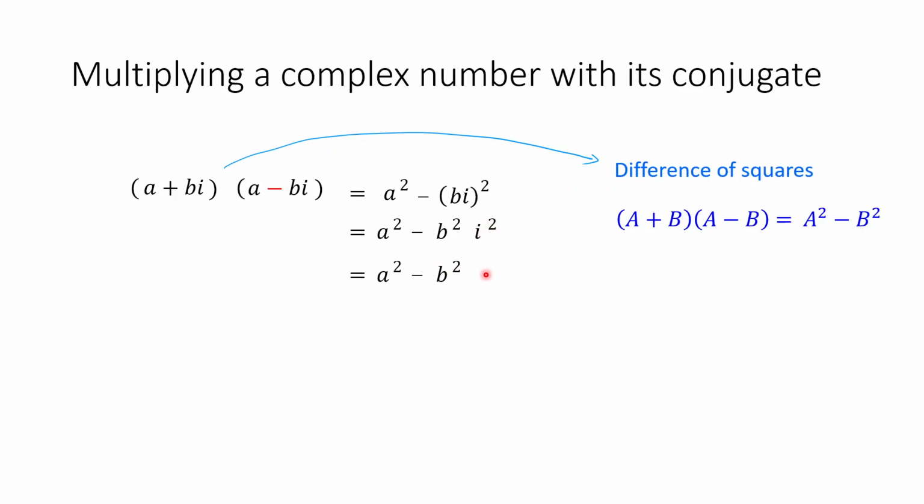This i squared is minus 1, so a squared minus b squared times minus 1 is positive b squared. So a complex number times its complex conjugate equals a squared plus b squared.